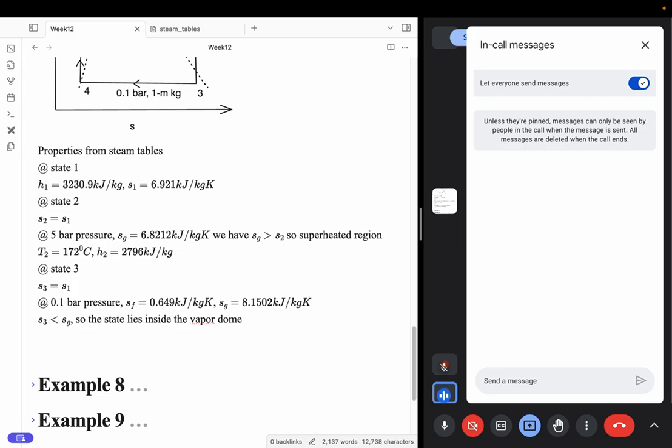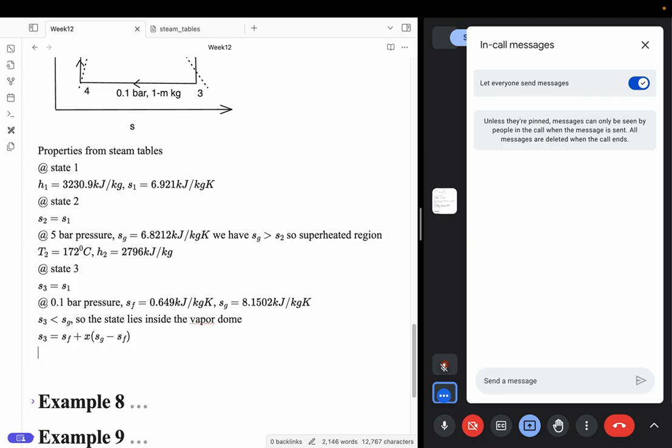Now we know it lies inside the dome. All we need to do is calculate the vapor fraction. How do I calculate the vapor fraction? S3 equals SF plus the vapor fraction times (SG minus SF). So your vapor fraction X is (S3 minus SF) divided by (SG minus SF).